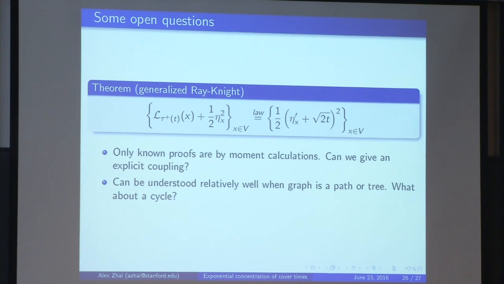There are some very tricky ways to do the calculations, but at the end of the day, I don't think anyone can really say that they completely understand exactly why this would be true and why it shouldn't be surprising or anything like that. So that's one thing that's still quite mysterious.